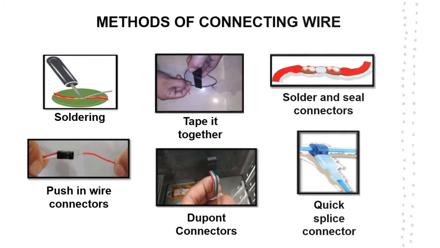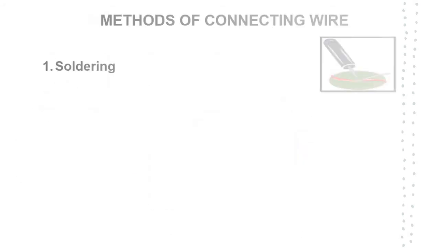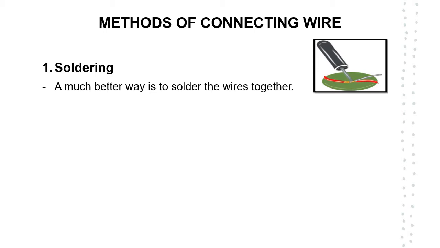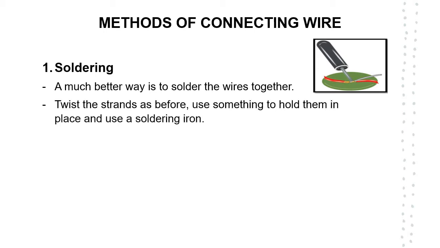And let's start with soldering. It's a much better way to solder the wires together. Twist the strands as before, then use something to hold them in place and use a soldering iron.